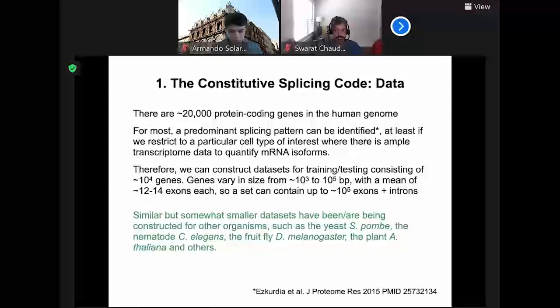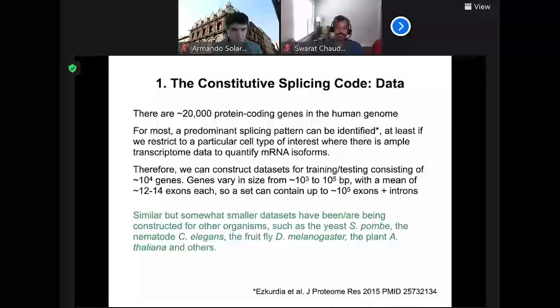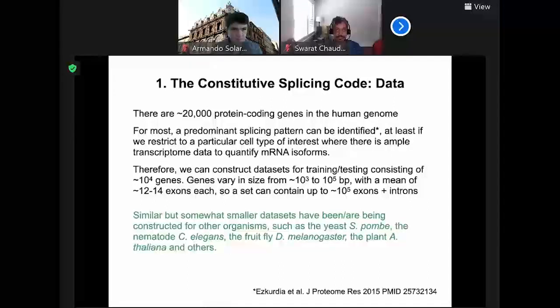Again, about a dozen exons per gene, roughly. And so we can make a training set that has 100,000 exons and introns, and similarly sized test sets. We have made such data sets for this project and have also been making data sets for other organisms, which are also being explored.